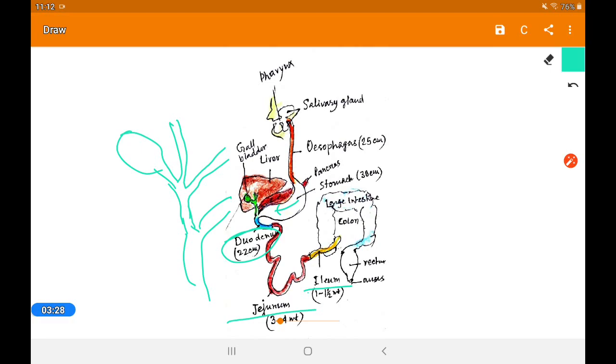After that, in the jejunum, digestion also takes place. And in the ileum, mostly the absorption of the digested food material happens. So it is a very important zone. I think you can understand.